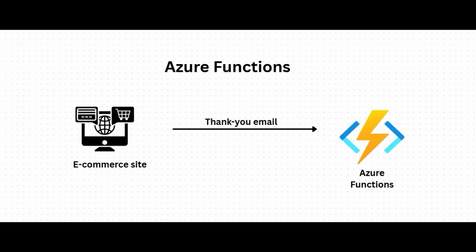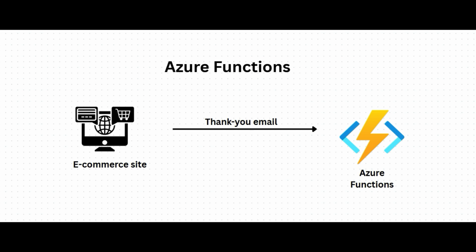So now let's talk about Azure Functions. Basically Azure Functions is a serverless compute service, which means you can run small pieces of code called functions without managing any server. These functions run only when triggered by an event like an HTTP request, database change, or message in a queue.